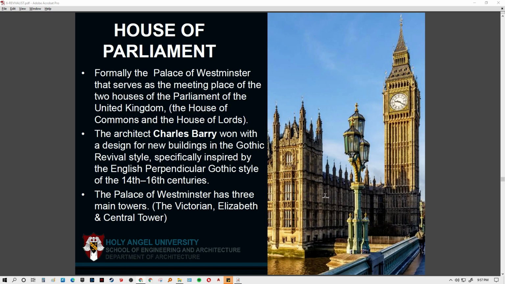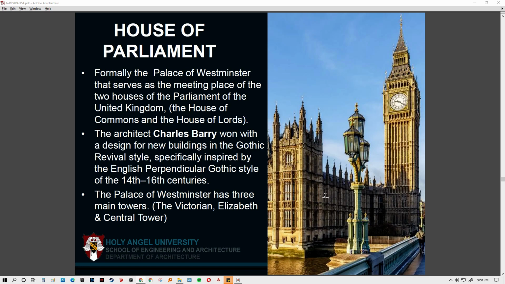As you can see, the fine details, the pointy details and ends, but it has a different look or motif. Since in England they have the perpendicular Gothic style, it still adapted those proportions of building design.